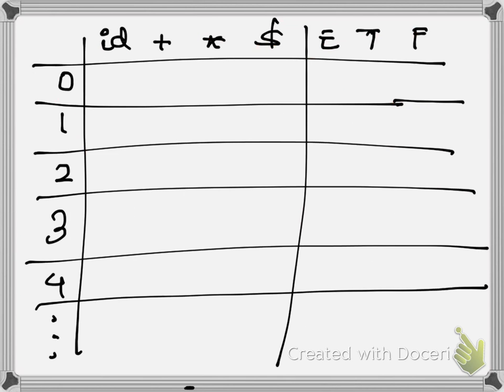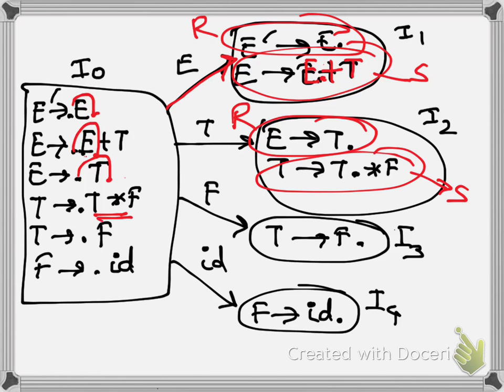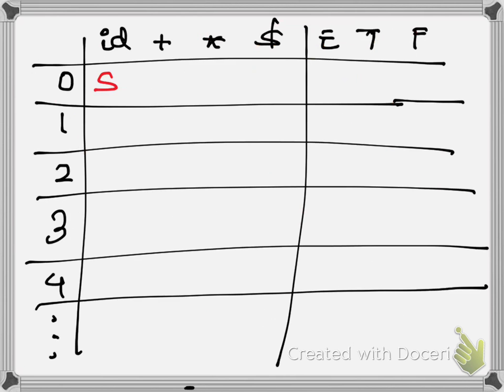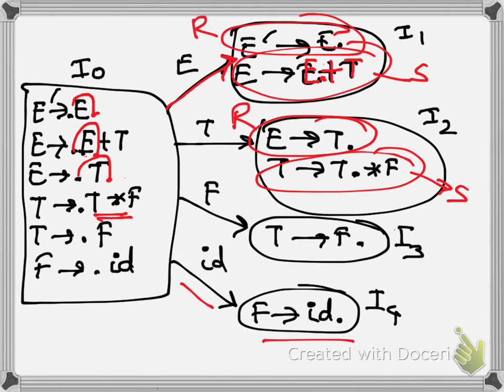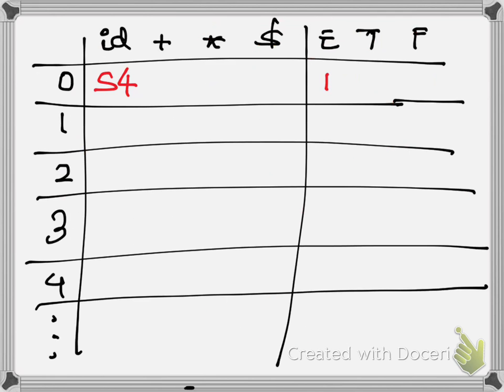So I0, you can see on ID it goes to I4. So shift 4. And go to, on E it goes to I1, on T it goes to I2, and F it goes to I3. So 1, 2 and 3.